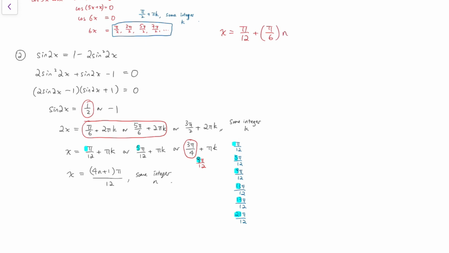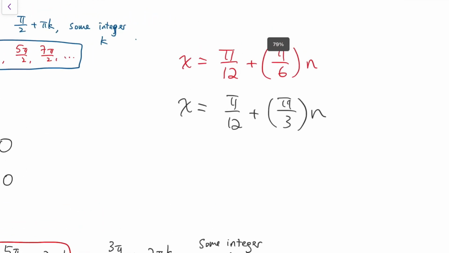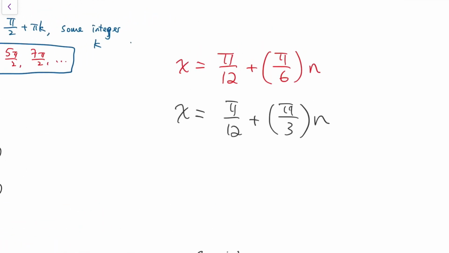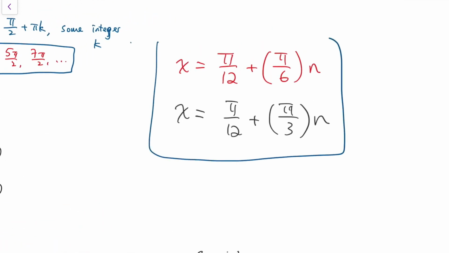I'll write it like this. And on the other hand, we have x equals pi over 12 plus 4n pi over 12. I would write that as pi over 3 multiplied by n over here. The red is for the first equation and the black one for the second equation.